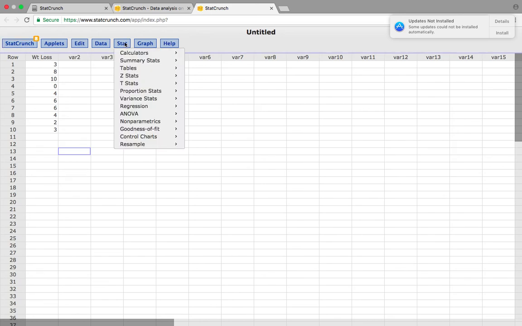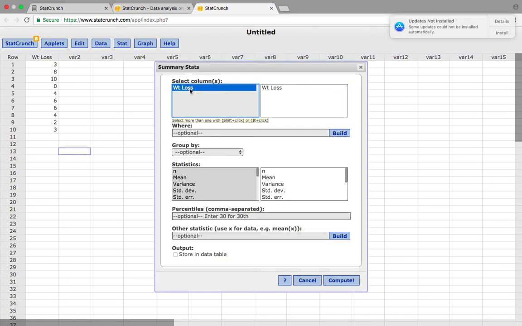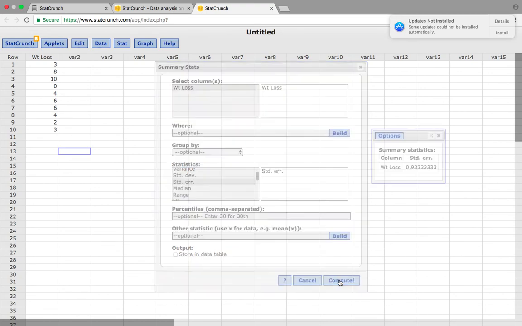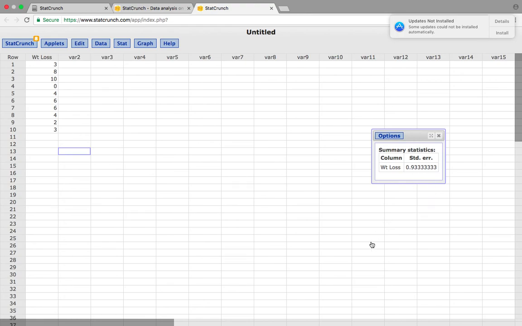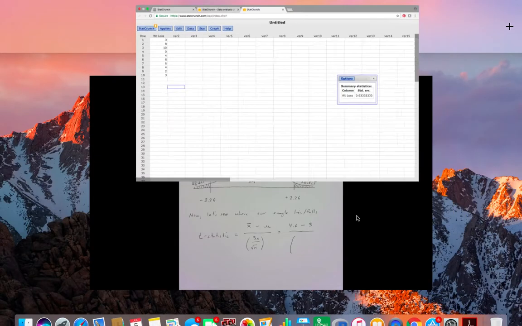When we did that in columns, and we chose weight loss, look what we got down here. We got the standard error, which is exactly what we need. It's 0.93333333.